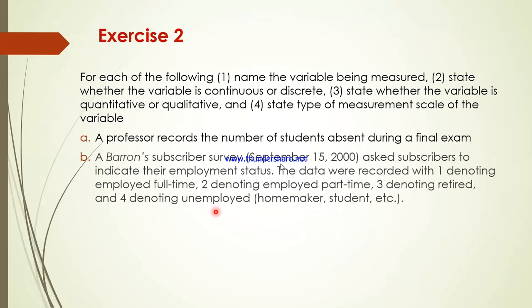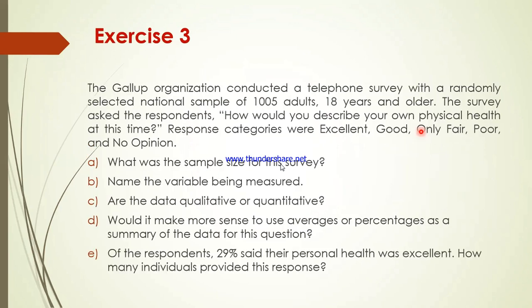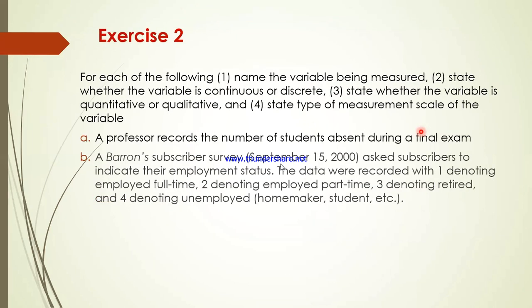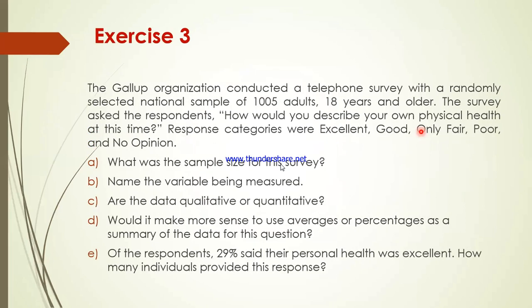After deciding this, then we can go for the answer whether it is a continuous or discrete variable, or a quantitative or qualitative variable, or what the scale of measurement is, right?